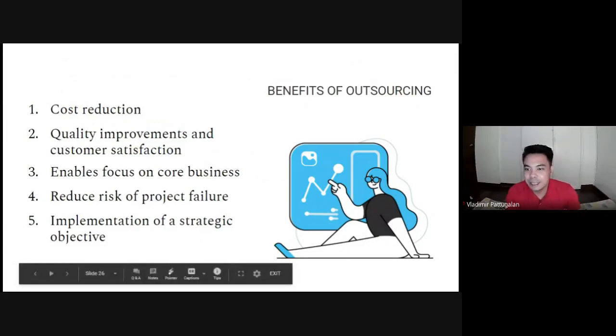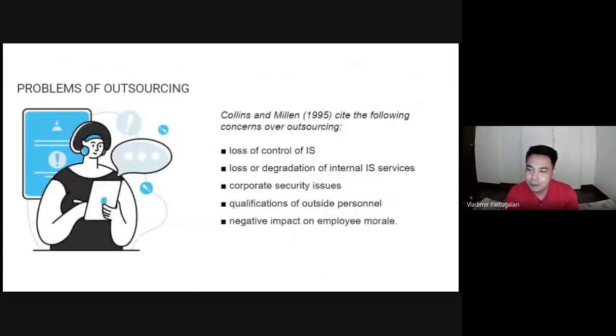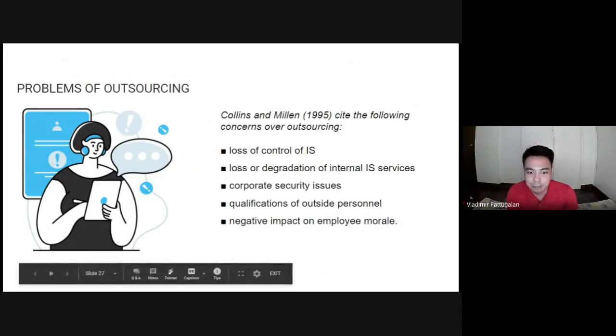But outsourcing isn't without its risks. So Collins and Millen lists the following problems with outsourcing. So the first problem would be the loss of control of the information system.